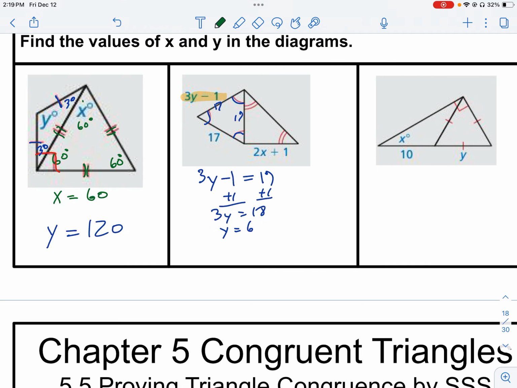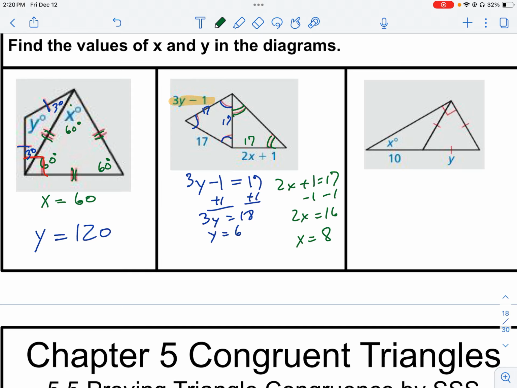Okay, easy enough. And then here we have an isosceles triangle. So when we crisscross, this means this has to be 17. So 2x plus 1 equals 17. So in our middle problem, y is going to equal 6, x is going to equal 8.